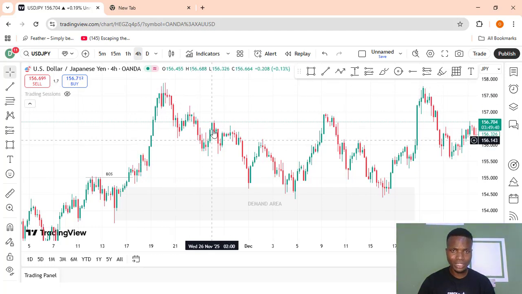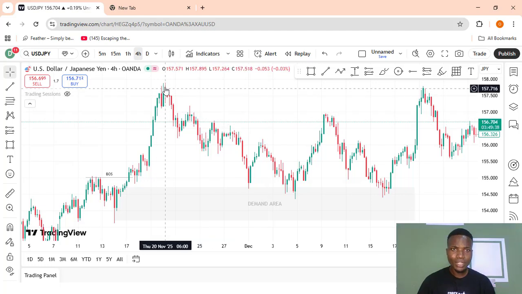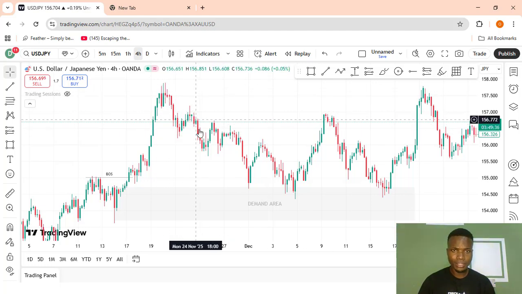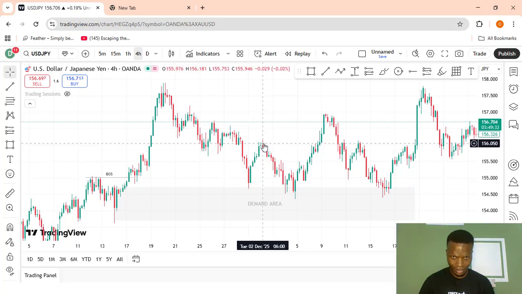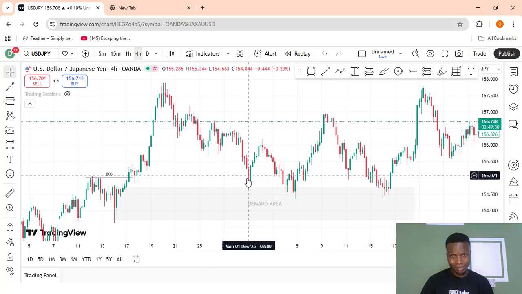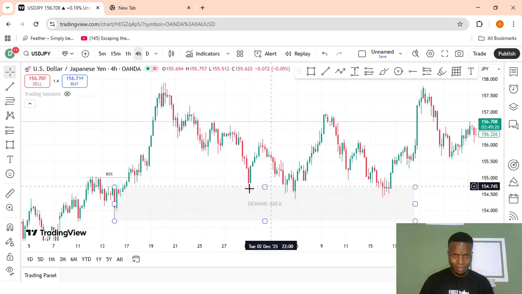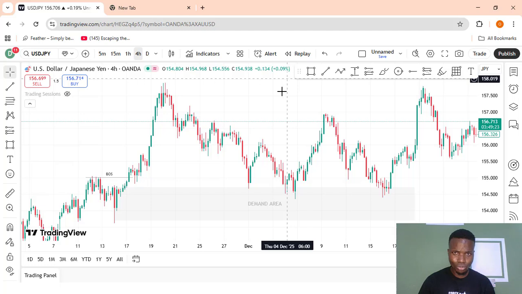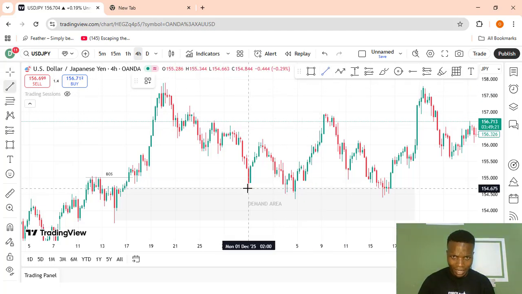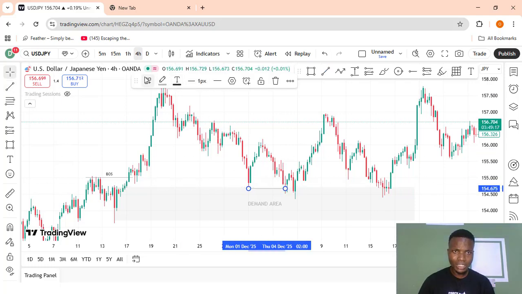You can see that the market got right there. It was retracing downward, creating lower lows and lower highs, lower lows and lower highs, okay? All right, and you can see that immediately this price tapped into this demand area, the price could not continue to go up. So what is happening right there is liquidity. This is what we call a liquidity sweep.